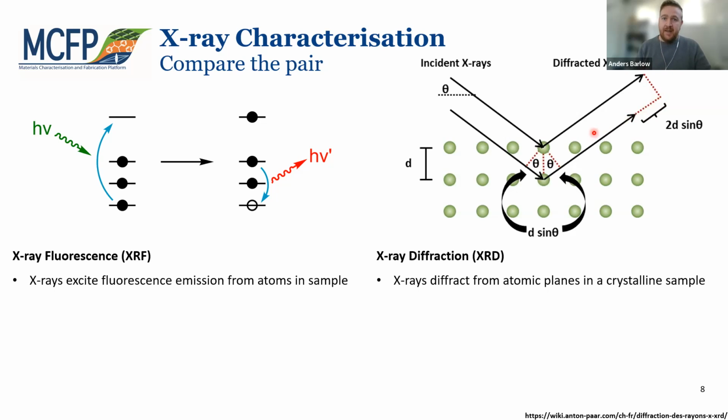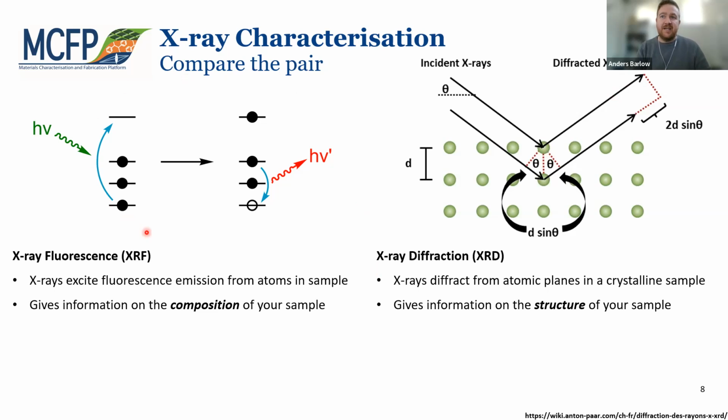And you then get a peak in your pattern, which tells you something about this separation in your atomic spacing. So here we are putting X-rays in and exciting X-ray fluorescence and getting an X-ray photon out. Here we are taking X-rays, scattering those from your sample, and then looking at the angle at which those X-rays scatter away from your sample.